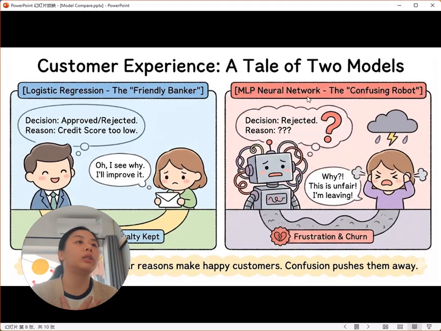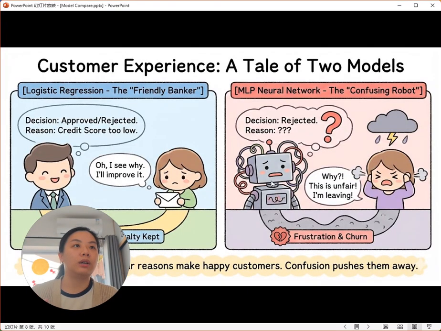But for the MLP network, we cannot explain the results to the customers. They may think this is unfair, and they may leave us. Confusion will push our customers away.